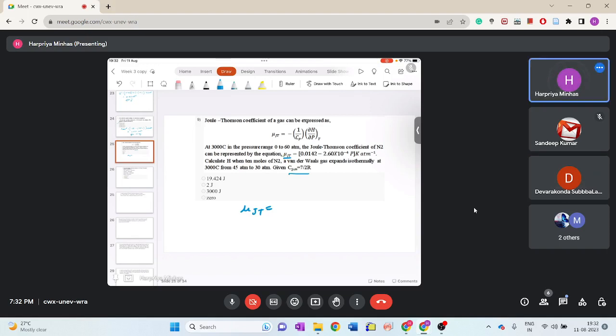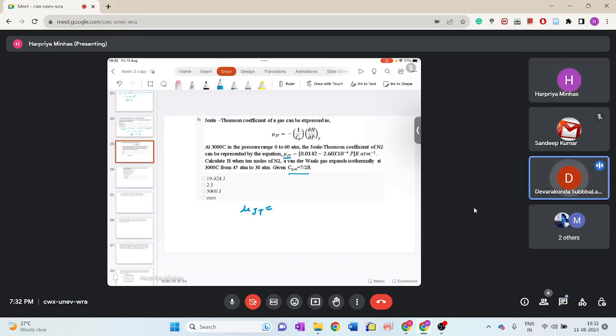Did you follow, madam? Because the mu JT formula is minus 1 by Cp into dou H by dou P at constant T. So therefore delta H becomes minus mu JT into Cp into dP. But mu JT into dP by the above equation becomes delta T. So finally the answer becomes 19.424, option A. Yes, it's very much correct.